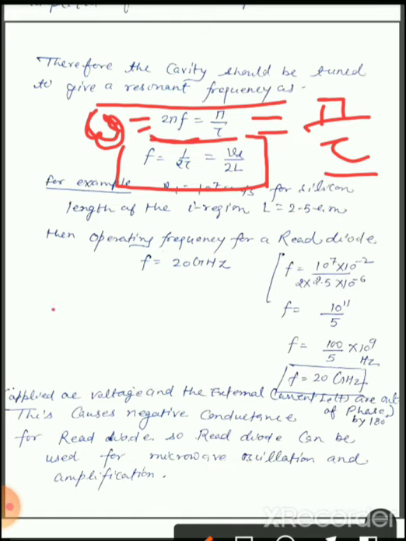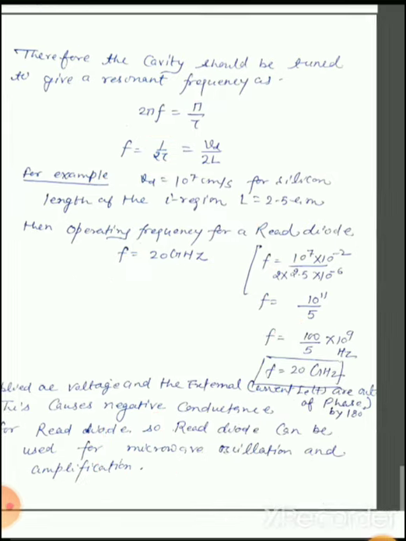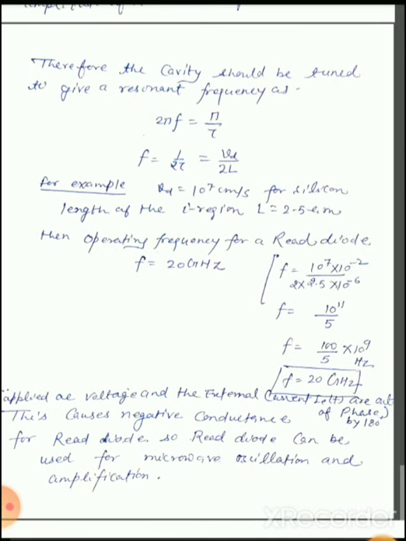When we put 2 pi f = pi/tau, then f is 1/(2 tau), and putting in the value of tau in this expression, we get the resonant frequency f = Vd/2L.